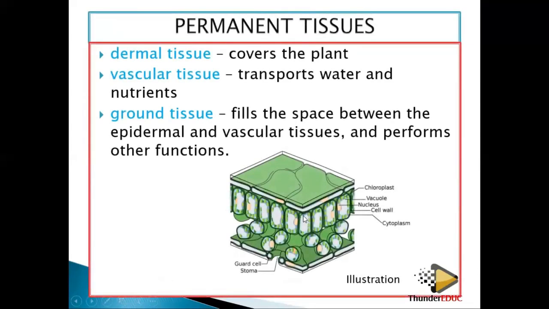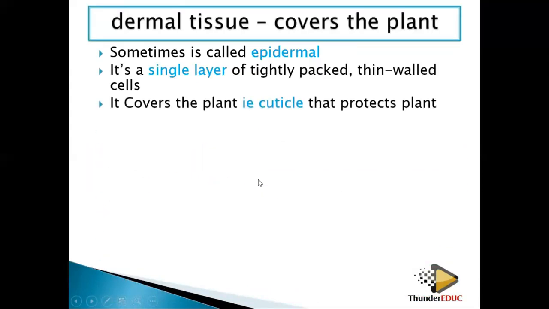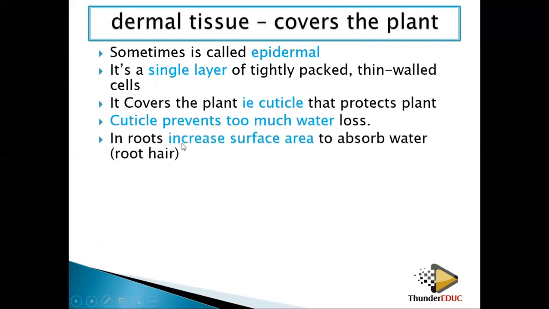If you look at it, tightly packed, yes, and it's one layer thick. It covers the plant, for example, the cuticle, which protects the plant, and the cuticle prevents too much water from being lost. The cuticle is very important in protecting the plant. In the roots, it increases the surface to absorb water.